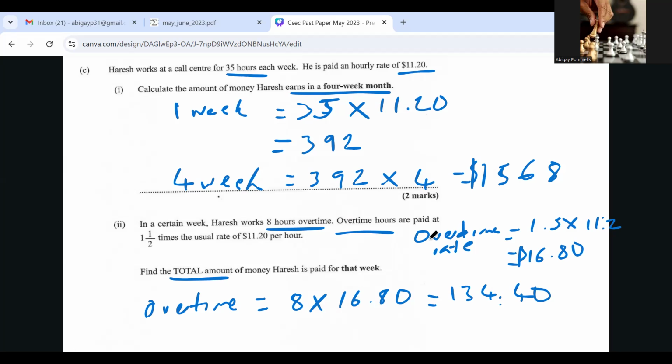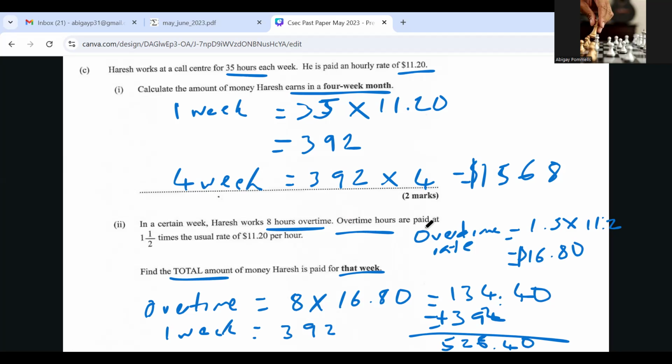And then, as we know, it's asking for 1 week. 1 week was 392. So I'm going to add these together and get about 526.40. That's our answer.